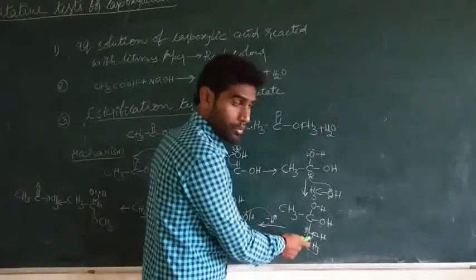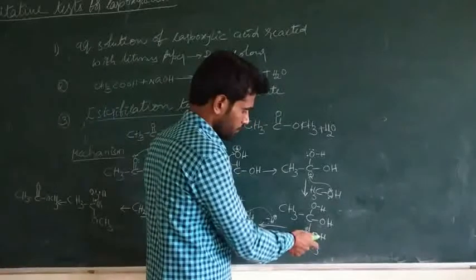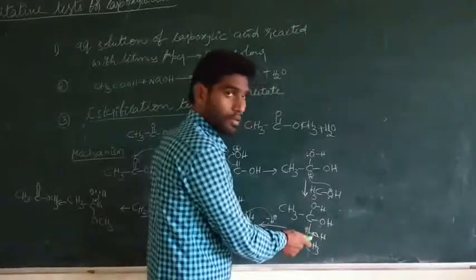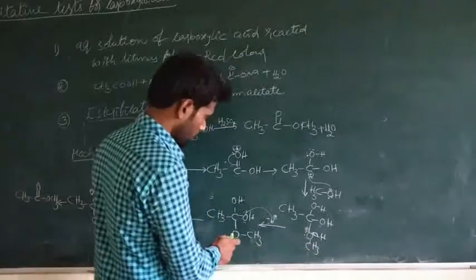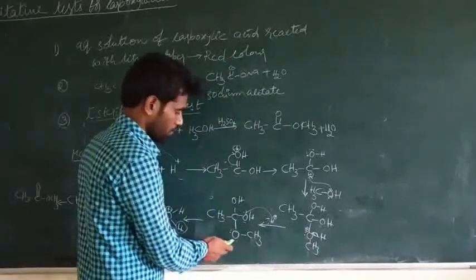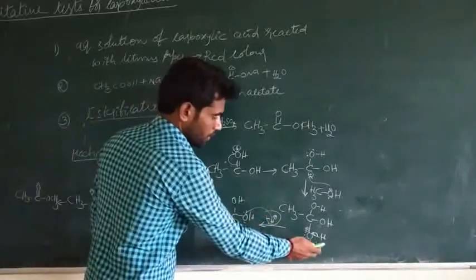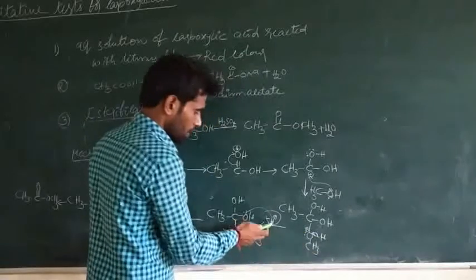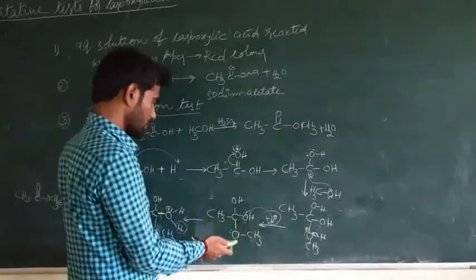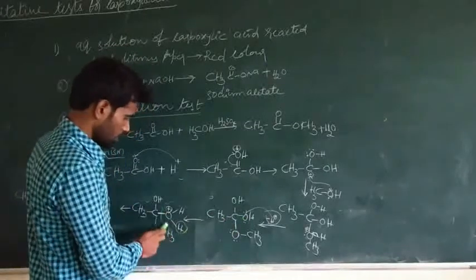Again, due to more electronegativity, oxygen is pulling electrons from the hydrogen atom, and oxygen again gets its lone pair of electrons. Here the hydrogen atom is eliminated from this oxygen atom, and this hydrogen atom now reacts with this other oxygen.